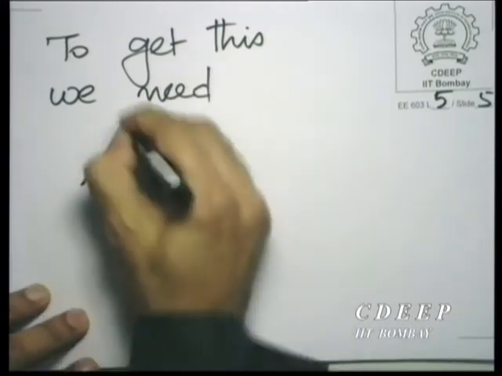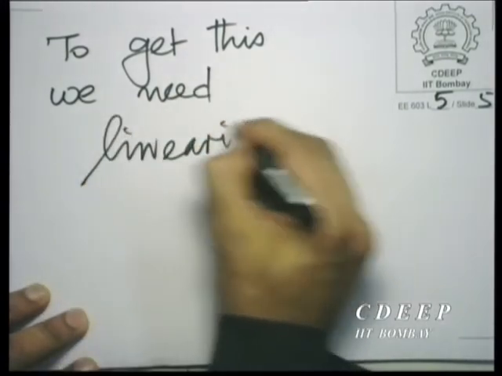As I said, the next thing that we are going to say is often present in textbooks, but it is often not clear why we look for those properties. The next thing we are now going to say is, if we want to get this from a system, we need linearity and shift invariance. In fact, we need three things.